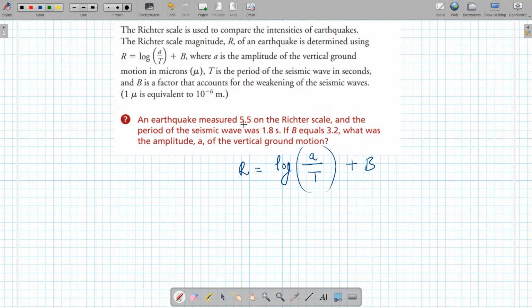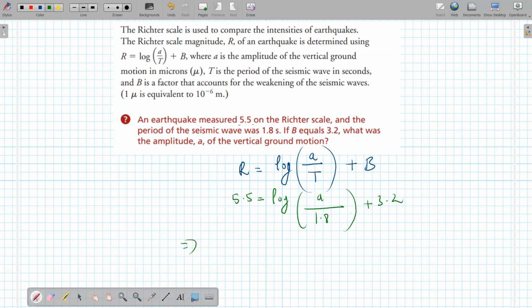They're giving us the Richter scale, 5.5. So R is 5.5. Log is log. They've given us a period of 1.8, so our T value is 1.8, and B is 3.2. They're asking us to solve for A.